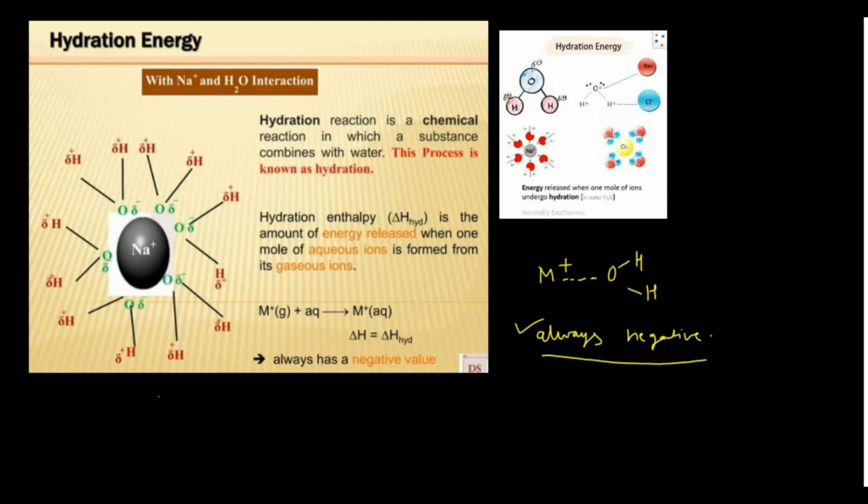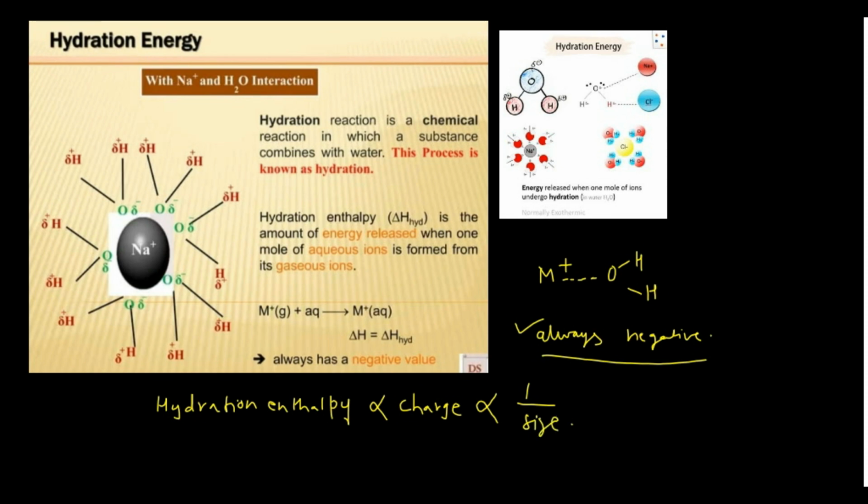So if you want to know this concept of hydration energy in pretty much detail, then you should remember this thing, hydration enthalpy. This hydration enthalpy is directly proportional to the charge present on the metal ion, and it is inversely proportional to the size of the metal ion. Please remember.